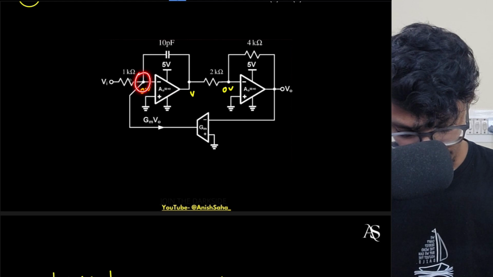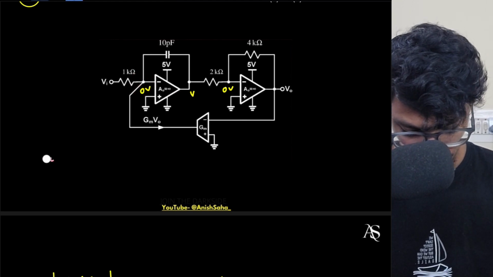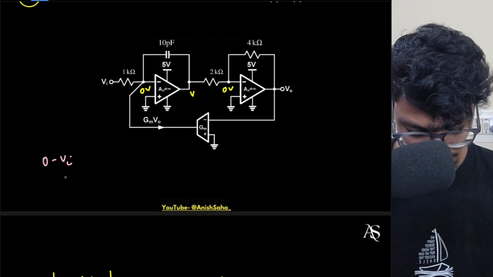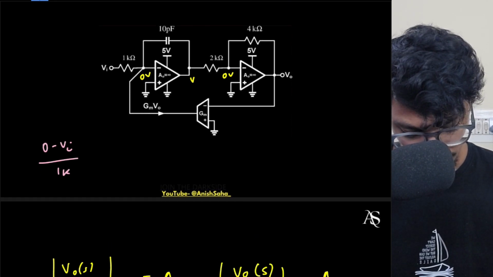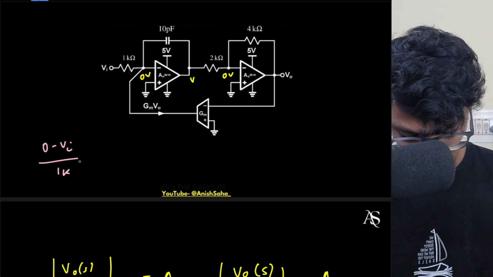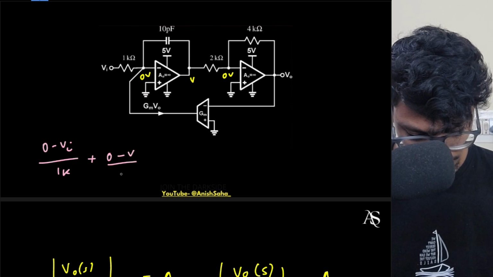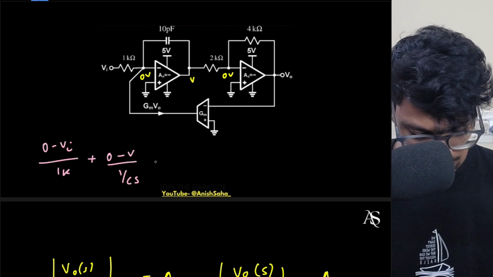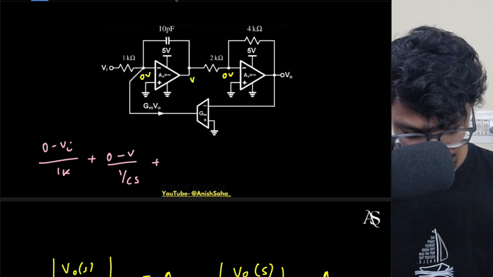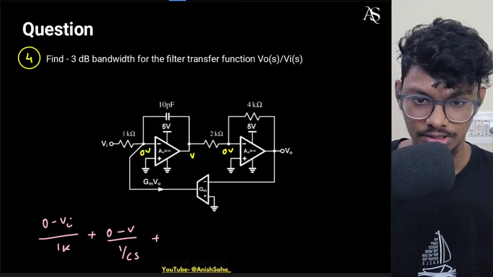So if I apply a KCL at this node, I will get 0 minus Vi divided by 1 kilo. Now I will assume all the currents to be in milliamperes, and this is 1 kilo, plus 0 minus V divided by 1 by CS. I will not write the capacitance value for now. And the other node current is how much? This node current is GM times V0, right? GM is not mentioned here.